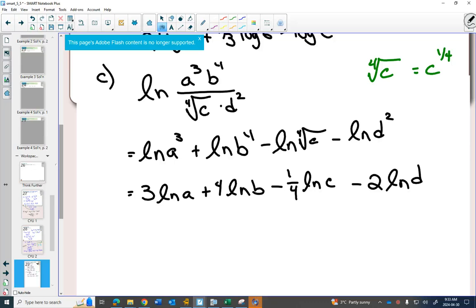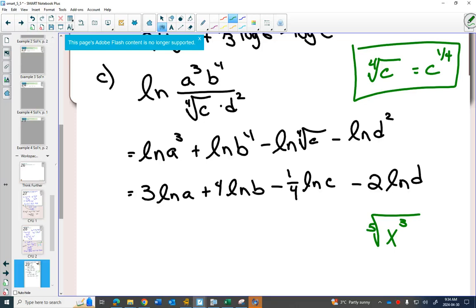Okay? If you forgot your radical rules to exponents, they come up a ton in calculus. So it's a good thing to review now. Anytime, like a square root is an exponent of a half, a cube root, an exponent of a third. If I had x cubed inside of a fifth root, wait for it, there it is.